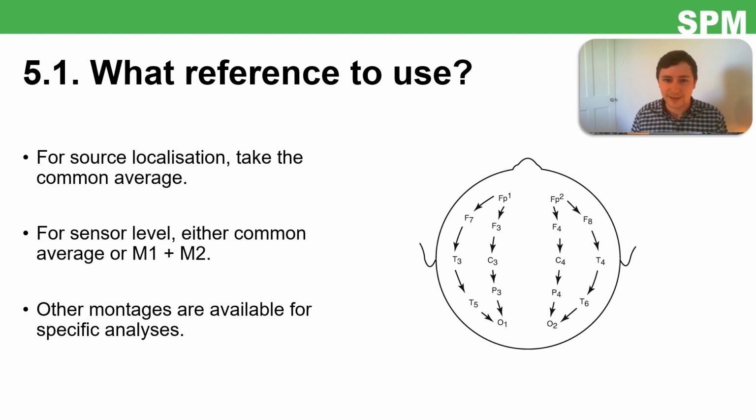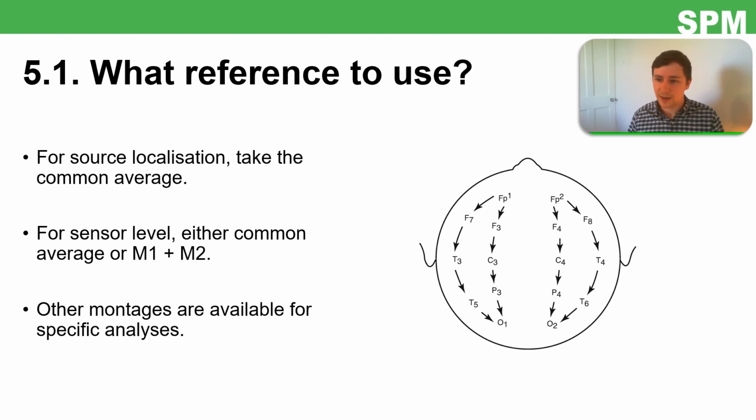I've already talked about this. So you can use the common average, which you can just do very simply in SPM by selecting all of them. Or for central level, you might do M1 plus M2, or the common average. If you're doing some clinical work, which is very unlikely in a research setting, but say you are, just be aware that you can specify some quite interesting montages.